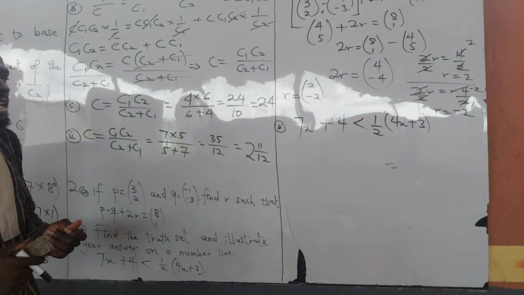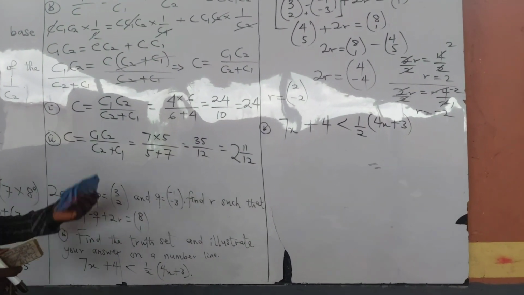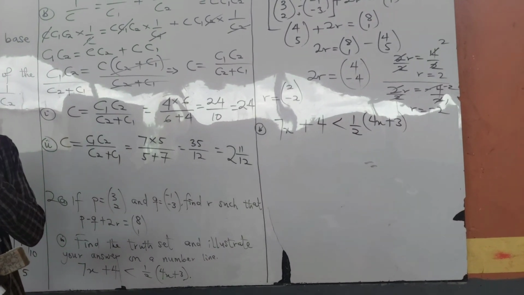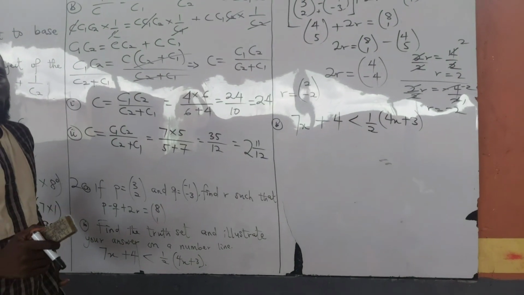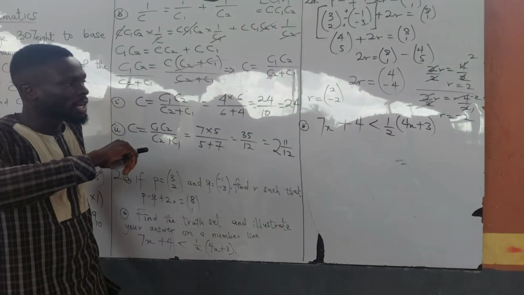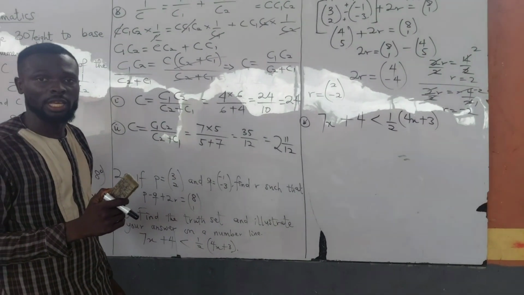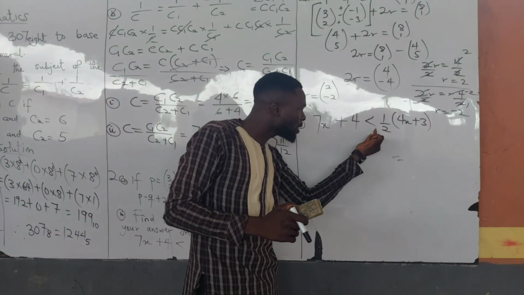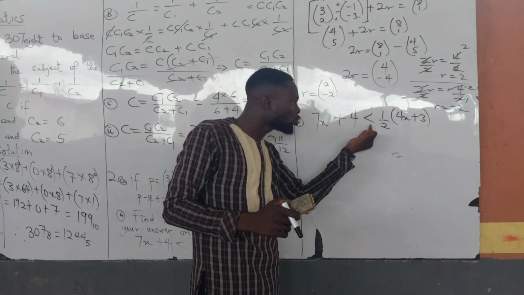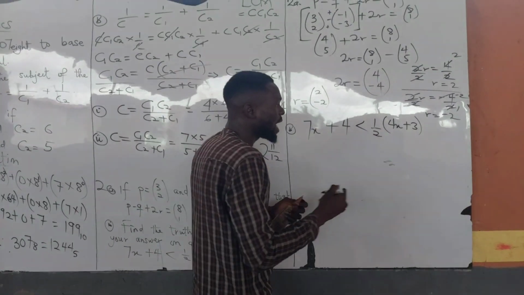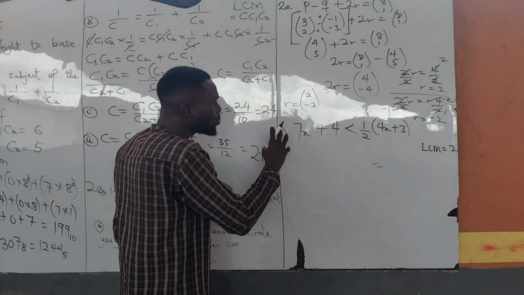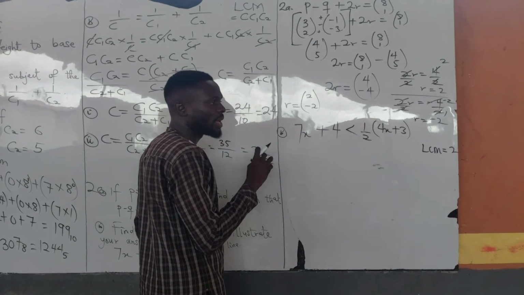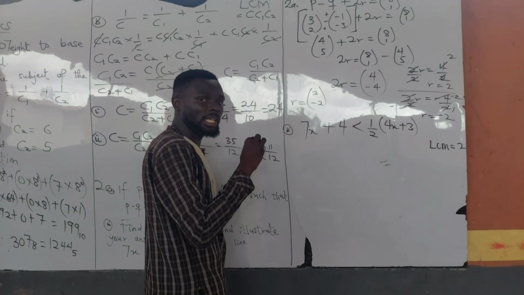Now, looking at the inequality, there is a fraction, which is 1 over 2. Once there is a fraction, clear the fraction by multiplying the equation by the LCM. So the LCM happens to be the denominators, but you have only 2 as your denominator. So LCM is 2. So we are going to multiply each term, and there are 3 terms in the question.